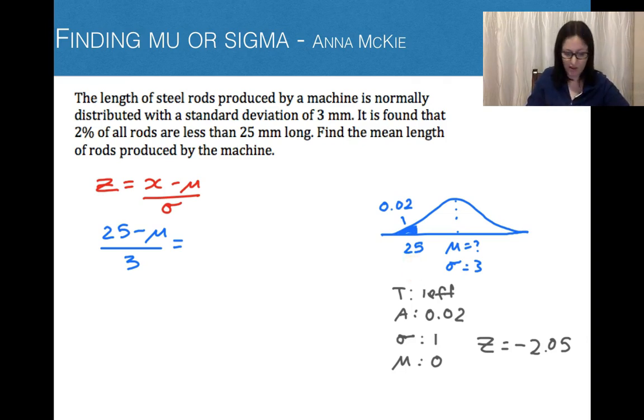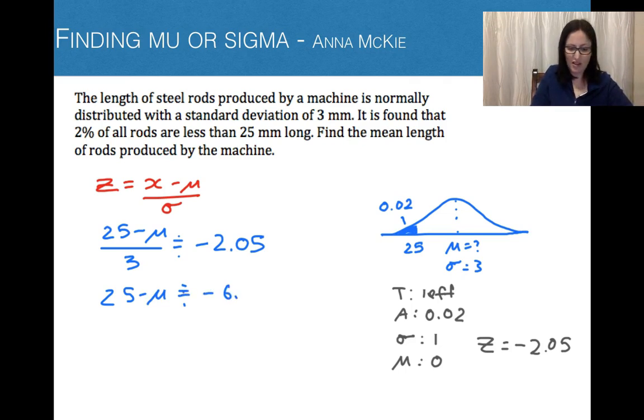So that's its Z-score. We can put this now into our formula over here, negative 2.05, and it's just some simple algebraic rearranging to solve for mu. You can take as many or as few steps as you like for this. We should probably put approximately equal to each time now because we have rounded.